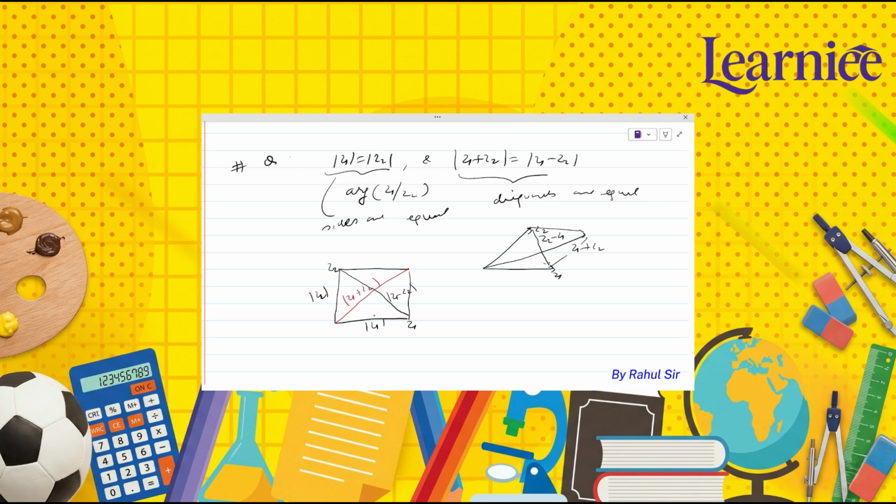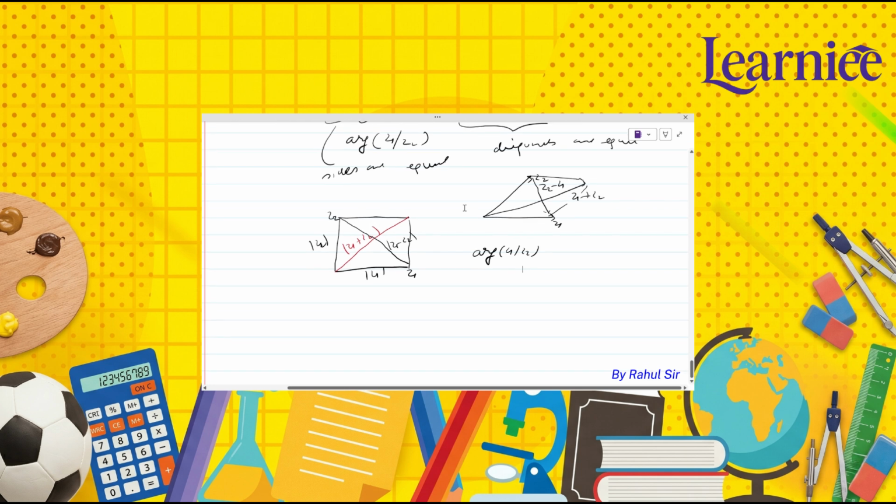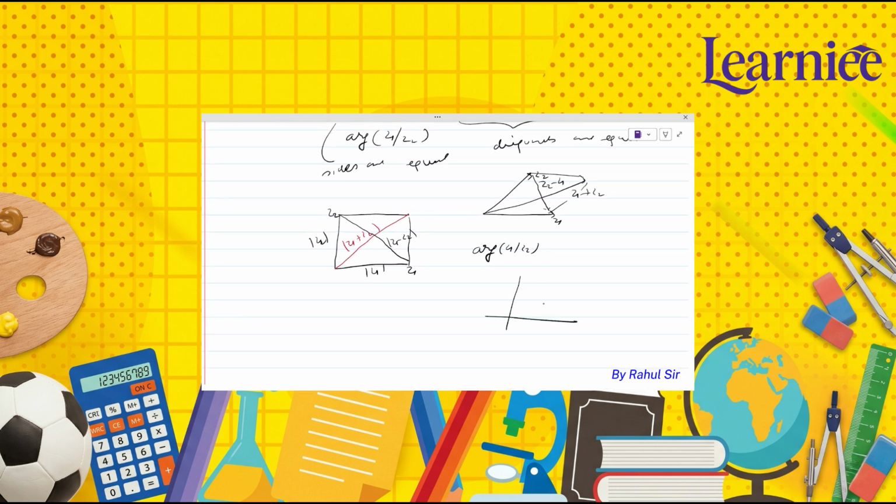Now they say that these are equal. So what is the argument of z1 upon z2? Let's say this is z1 and this is z2, with angles theta 1 and theta 2.